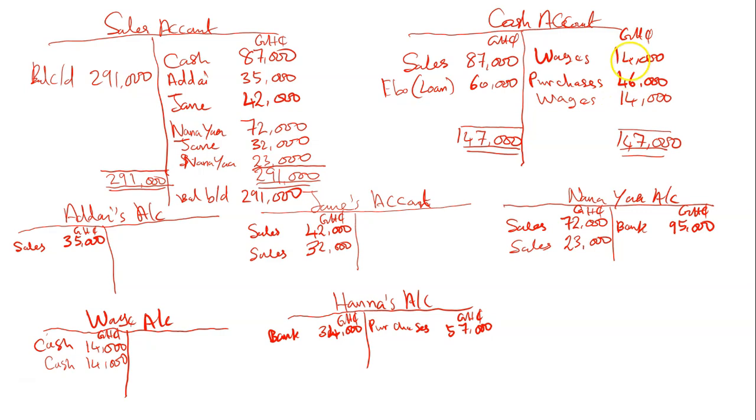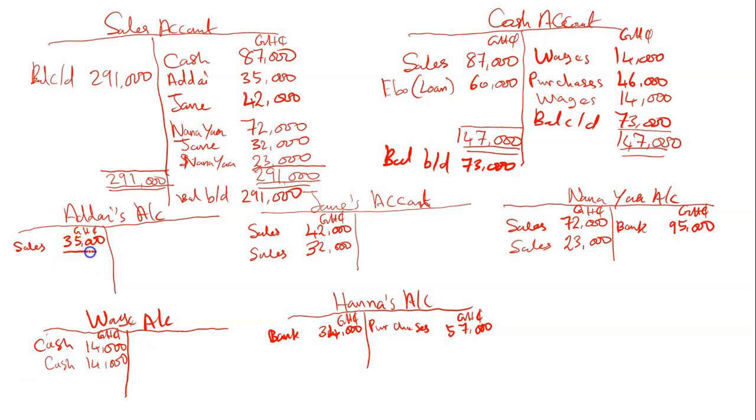Now, when you add this and this together, you get 74,000. So you deduct that 74,000 from 147,000, you get 73,000. So the 73,000 is the balance carried down. So here to become a balance brought down, 73,000.